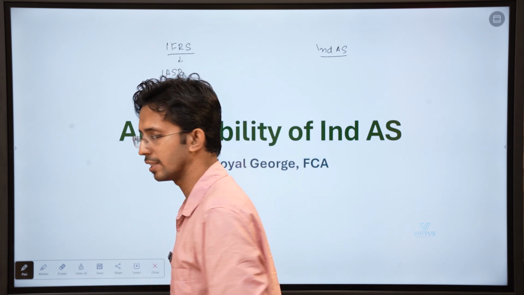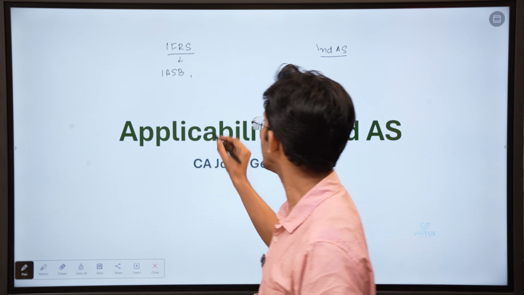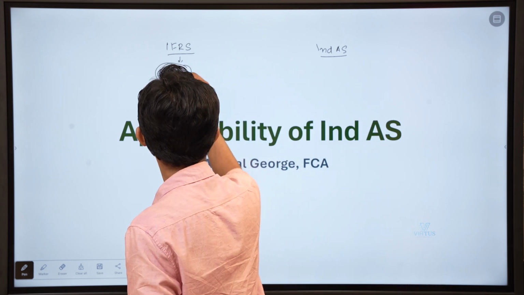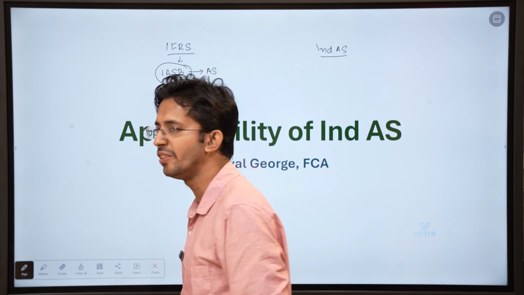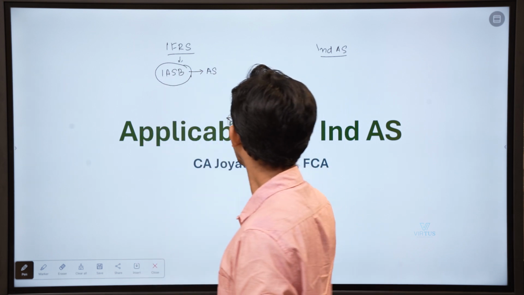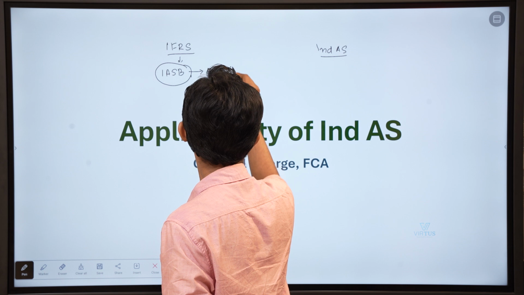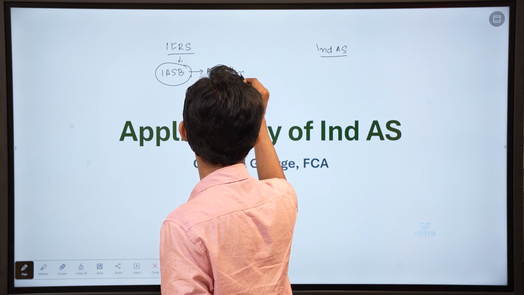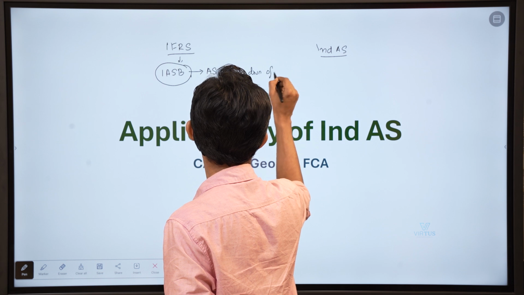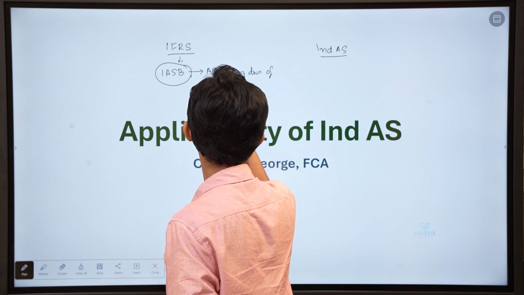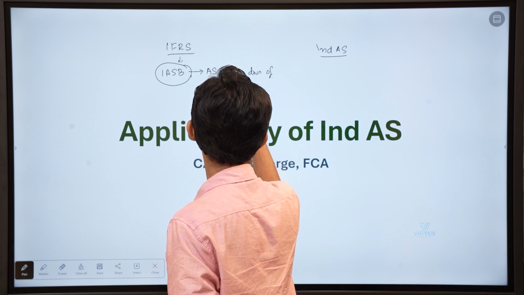and this IASB is the AS, Accounting Standard Setting Division of the IFRS Foundation.